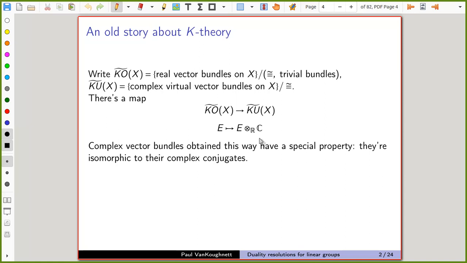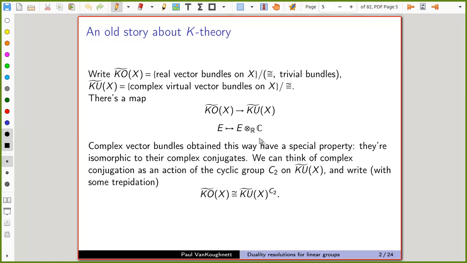You can think about that as an action of the cyclic group C2 on KU of X. Maybe you would guess that KO of X is the fixed points of this action, so it's the set of complex vector bundles that are isomorphic to their complex conjugates.